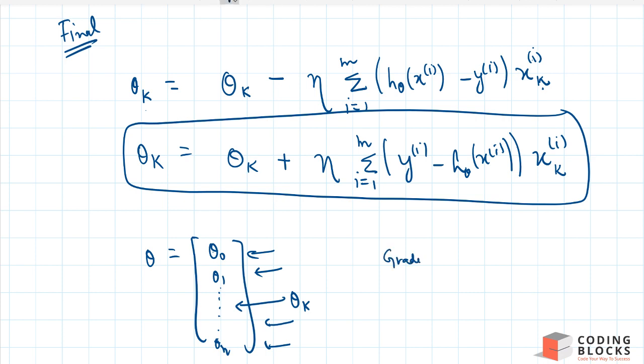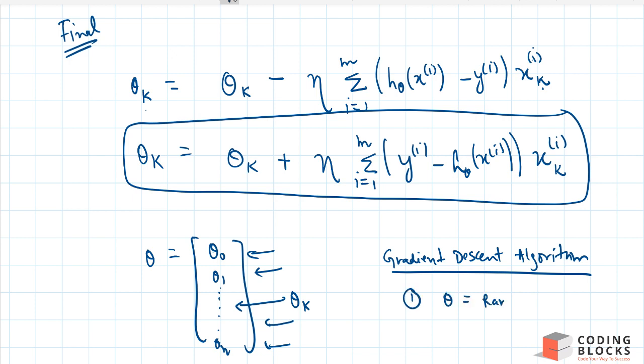So what is the algorithm? The gradient descent algorithm: first, initialize theta randomly. Then, while the algorithm has not converged to a local minimum, you will update theta using the above rule.